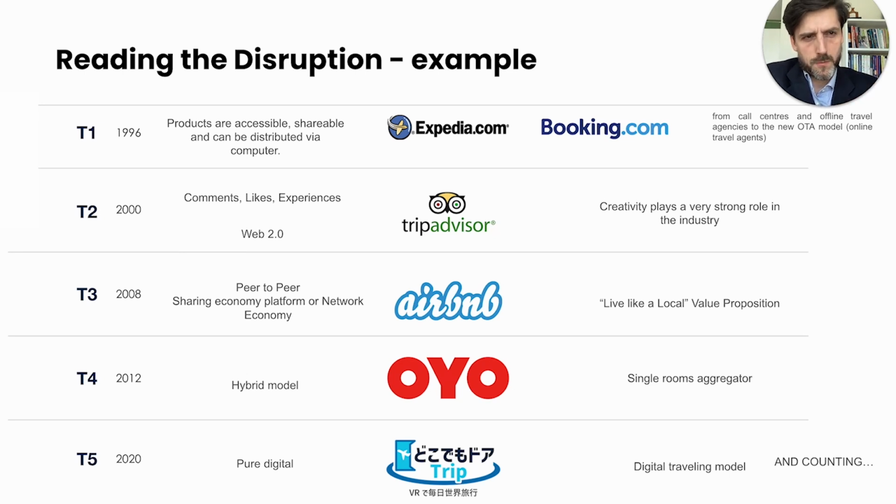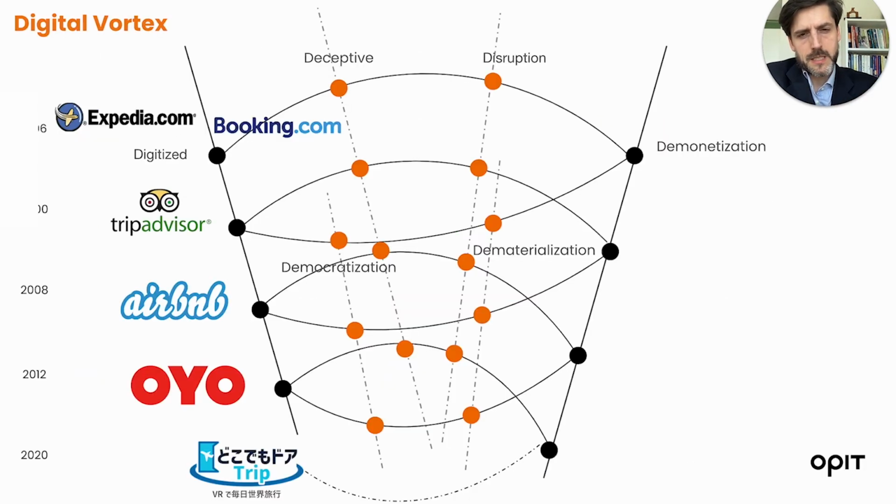And finally, there is a virtual reality platform that allows live sessions when everybody is basically connected digitally, and so it allows digital traveling. Ultimately, what we see is that each of these elements is leveraging the evolutions that have been created and diffused in the previous loop. So it's a constant evolution towards the center of the vortex.